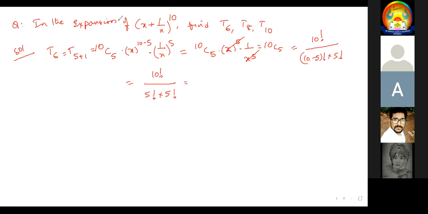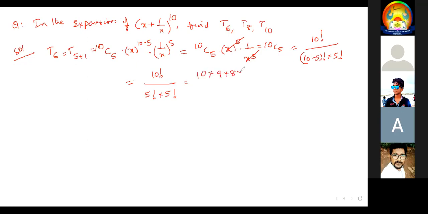I think you all know, I explained factorial in permutations and combinations. 10 factorial is 10 into 9 into 8 into 7 into 6 into 5 into 4 into 3 into 2 into 1, by 5 factorial into 5 into 4 into 3 into 2 into 1.